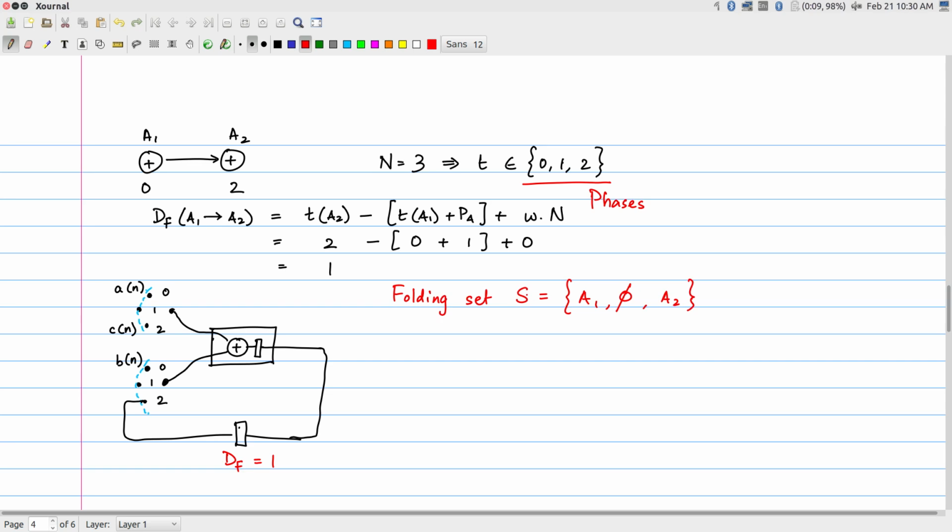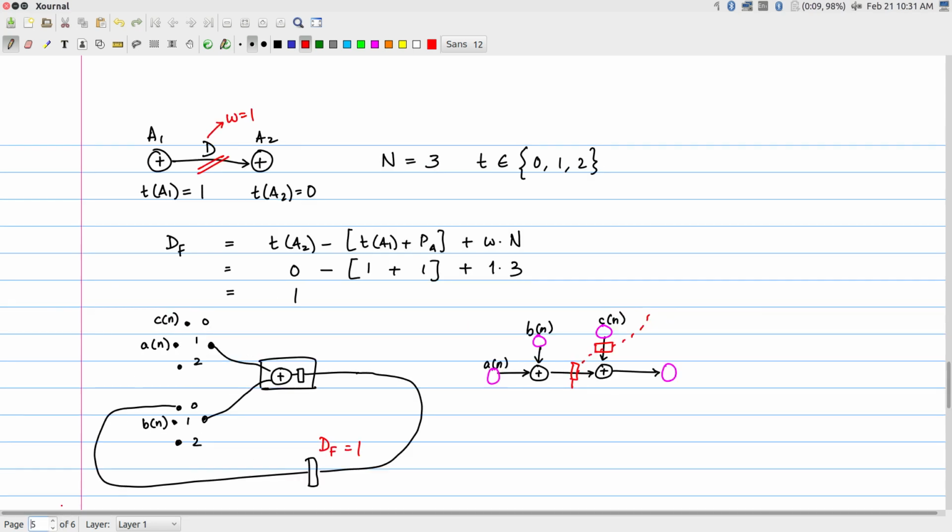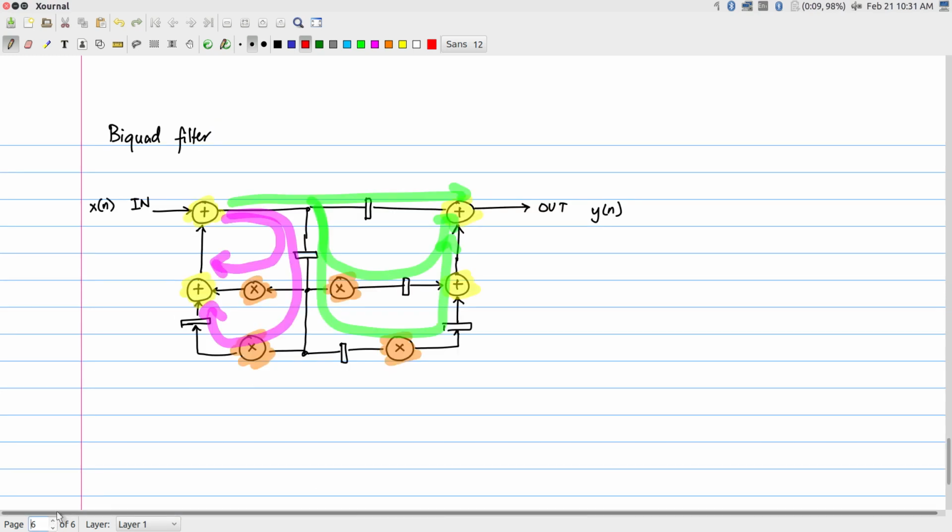Either a null or just a dash, essentially to indicate that no operation is happening over there. Okay, and similarly for this third example, S is equal to A2 at time 0, A1 at time 1, and nothing at time 2.